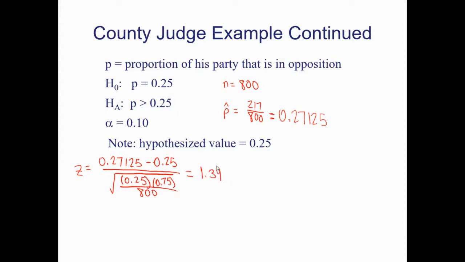Okay, so now I'll need to find my p-value. Now this is what kind of test, if it's greater than? So one tail, which tail? Right tail, right. This is a right tail test.